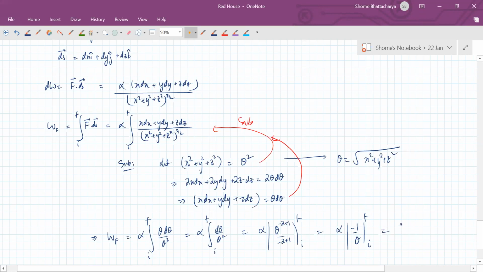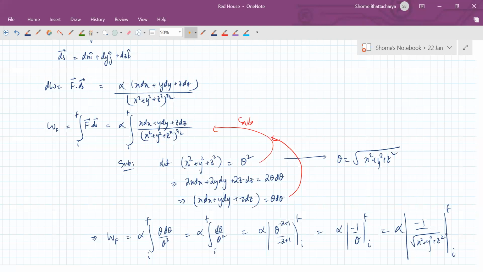So this will just become alpha into minus of 1 upon square root of x square plus y square plus z square from whatever initial position to whatever final position. So you can see that the quantity we are getting, the work done finally, is a function of initial and final coordinates, and it's independent of path. The integration is showing us that it can be calculated without any information about path.